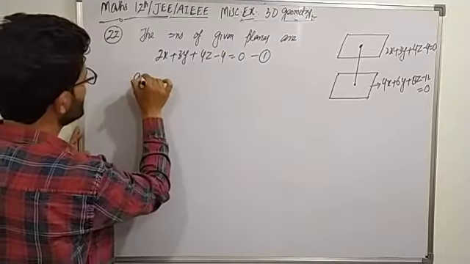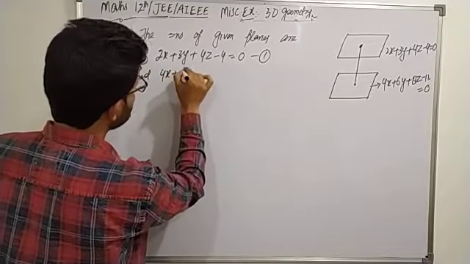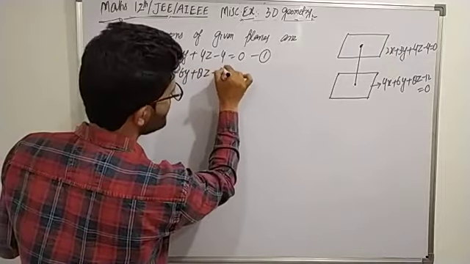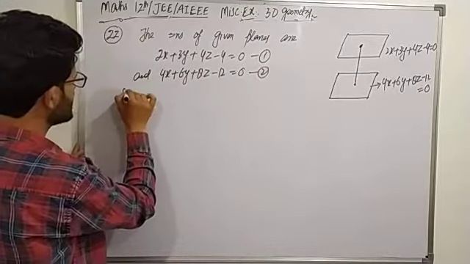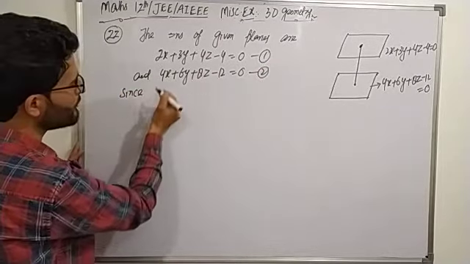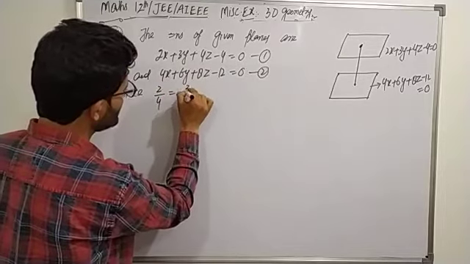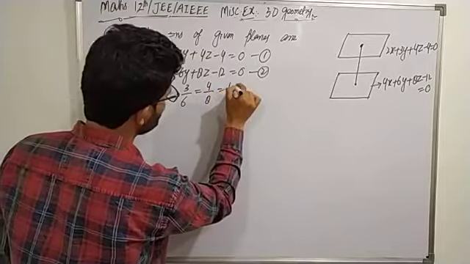And the equation of second plane is 4x plus 6y plus 8z minus 12 and that's equal to 0. Keep that as second. So since यहाँ पे direction ratios proportional है, since 2 divided by 4 must be equal to 3 divided by 6 must be equal to 4 divided by 8 and that's equal to 1 by 2 each.